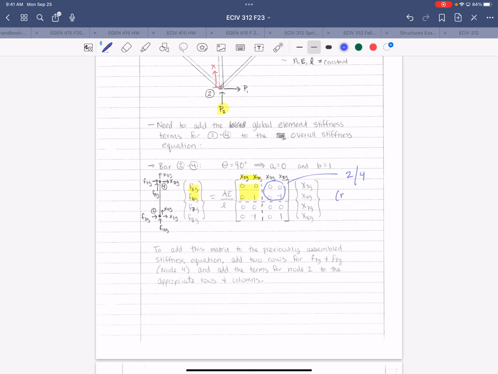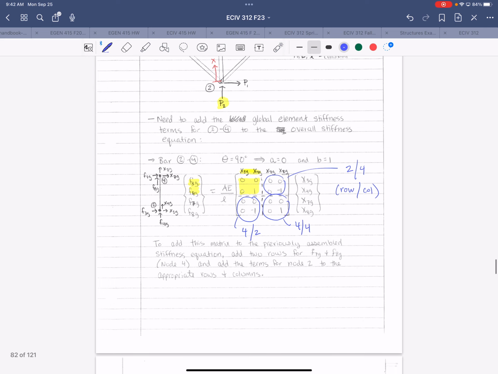Or I got that reversed. Node 2 rows and the node 4 column. These will go into the node 4 row, node 2 column. And then these will go into the node 4 row and node 4 column. But again, the overlay occurs at node 2.